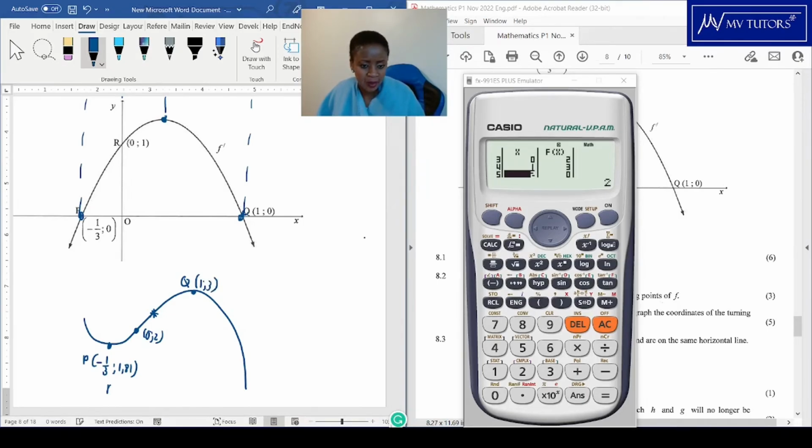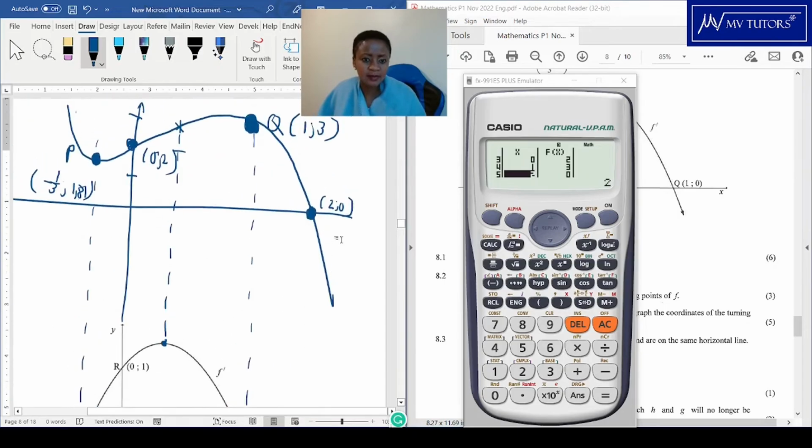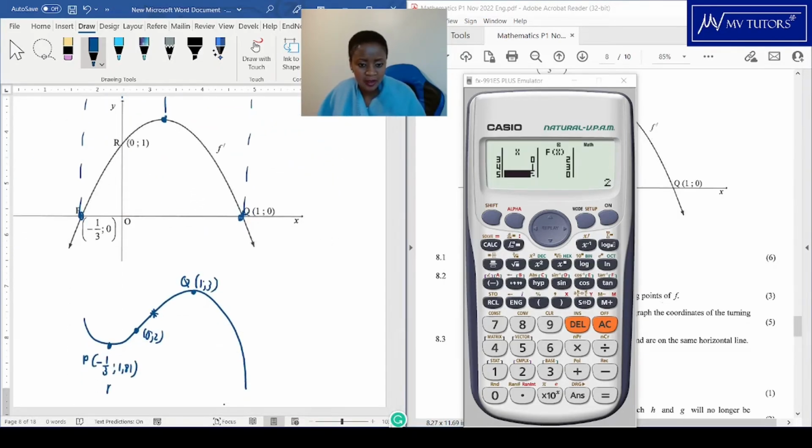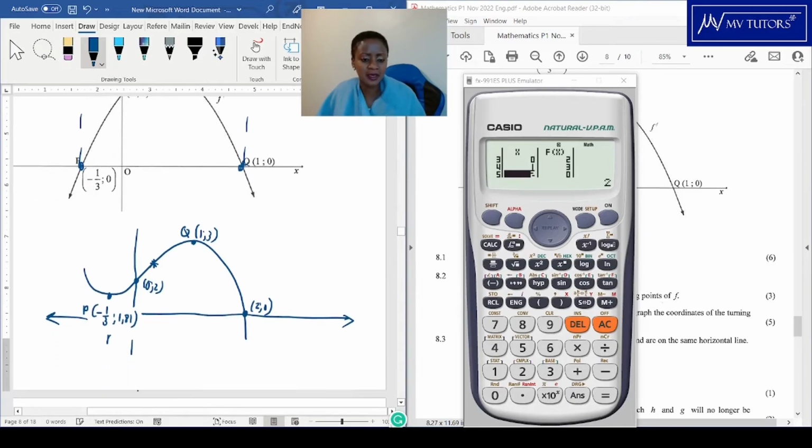And then our x-intercept is at 2. So that's how I would sketch the graph. A nice looking graph. Not the disaster that I drew up there, but I hope you followed me.